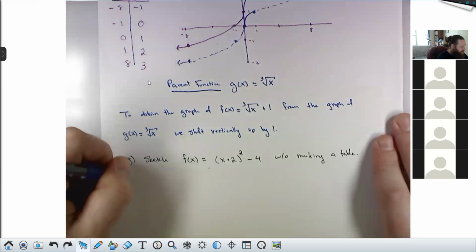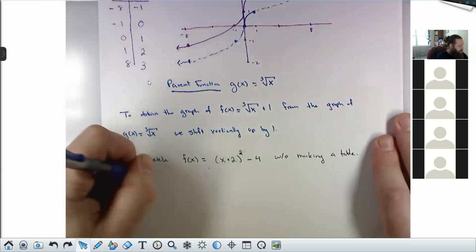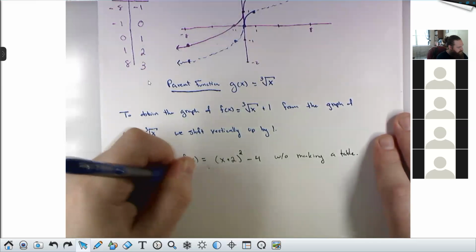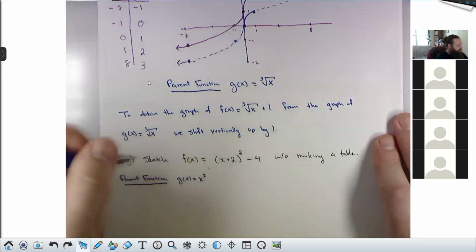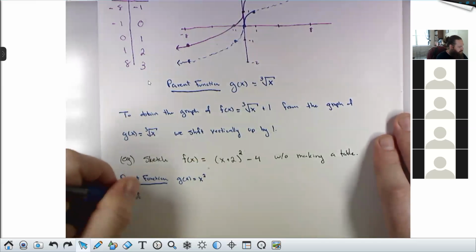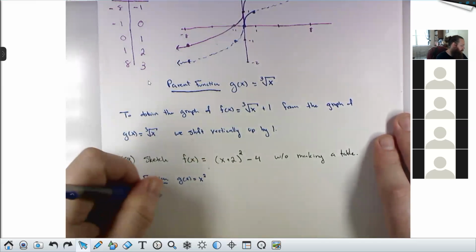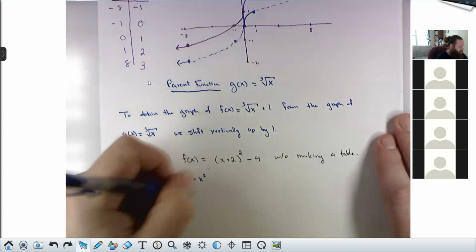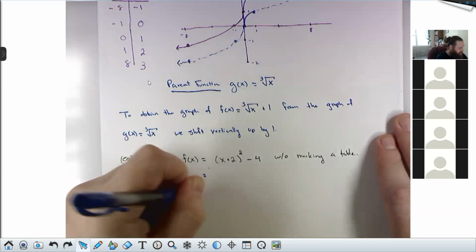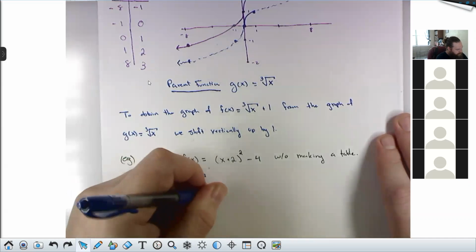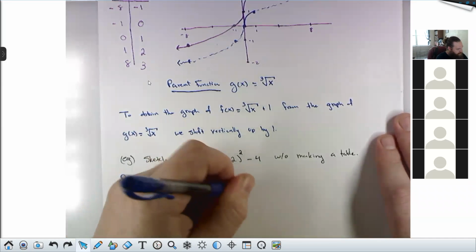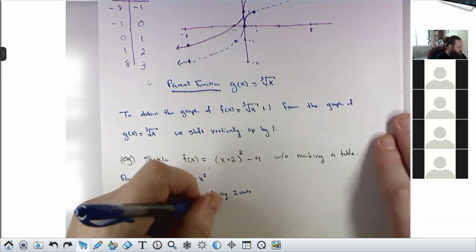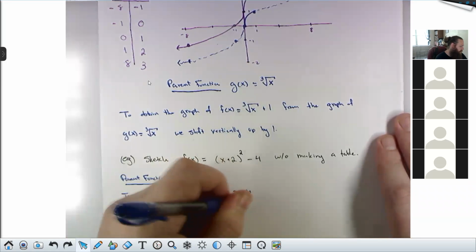So the parent function here is g of x equals x squared. And the transformations, we're going to do 2 of them. First, we'll shift left by 2 units, then shift down by 4 units.